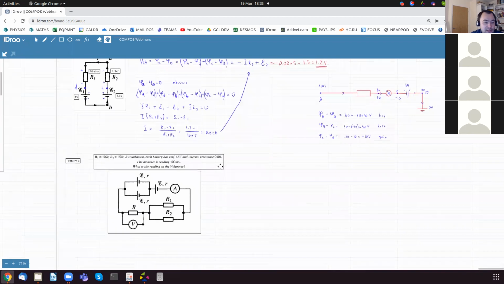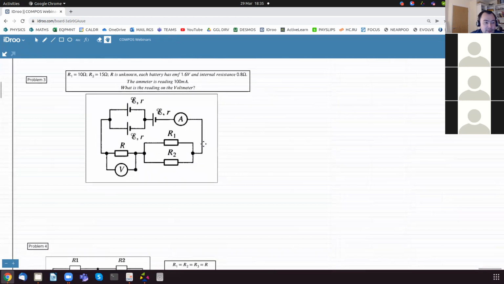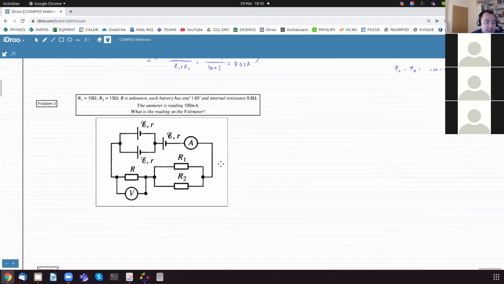Okay, so this one. Now there are different ways you can do this question. We know all the resistances except this one. R is unknown.